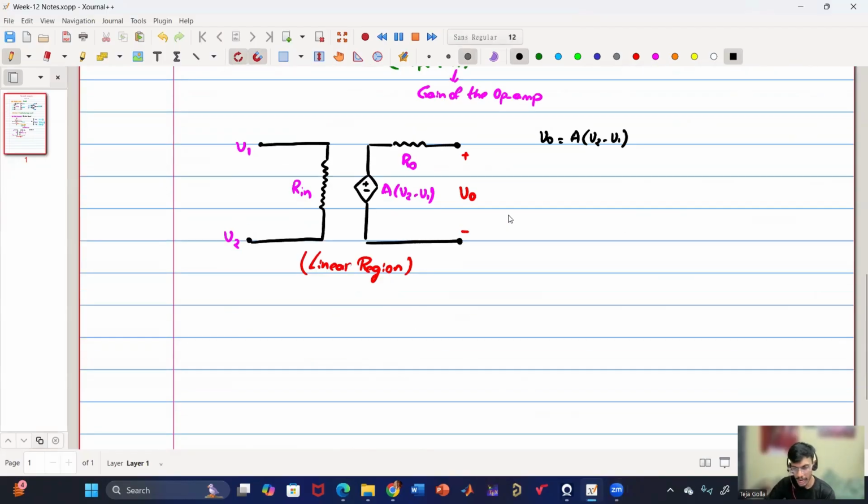So now let us talk about the ideal op-amp.